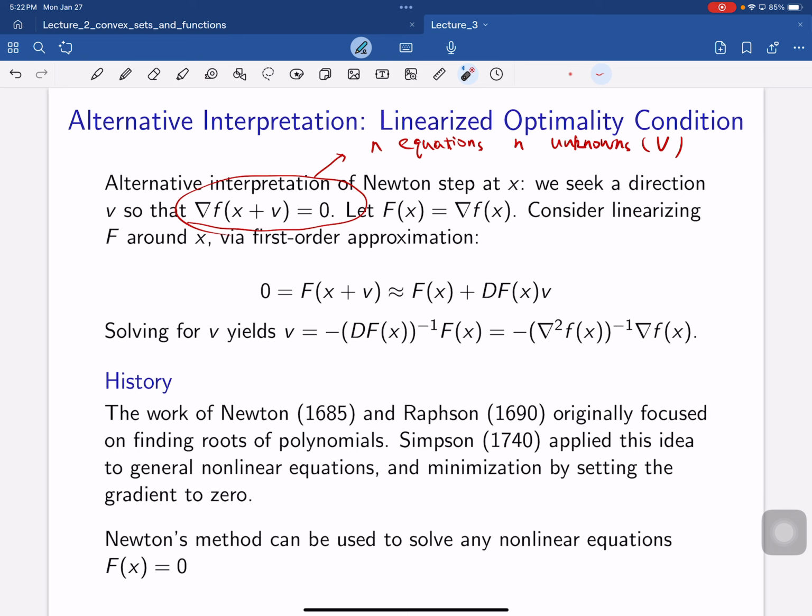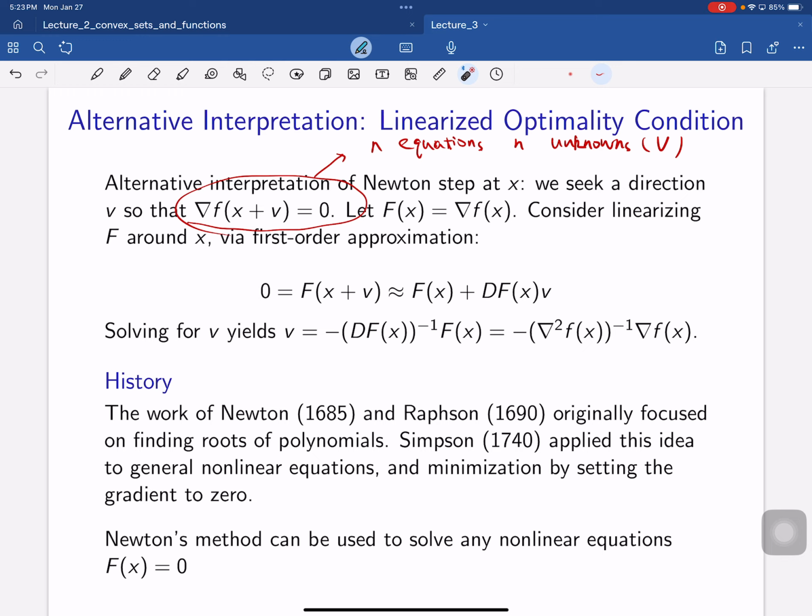Then you set this first-order approximation to 0, which gives exactly the Newton's direction. The Jacobian here is actually the Hessian, because you are already taking the first-order derivative. The Jacobian is the derivative of this nonlinear equation, and then you get the Hessian. They are the same thing.